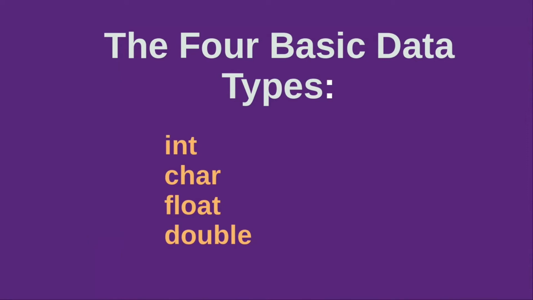The 4 basic data types in C programming, please. In standard C, there are 4 basic data types. They are int, char, float, and double. The int type. What is the int type? The int type stores integers in the form of whole numbers.